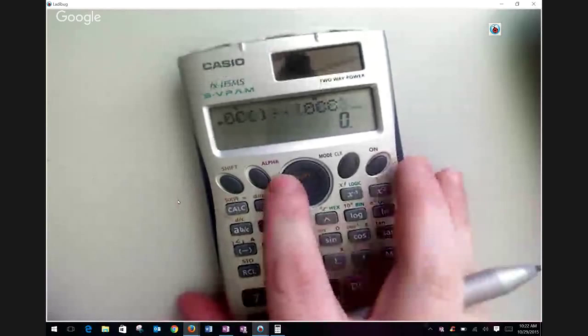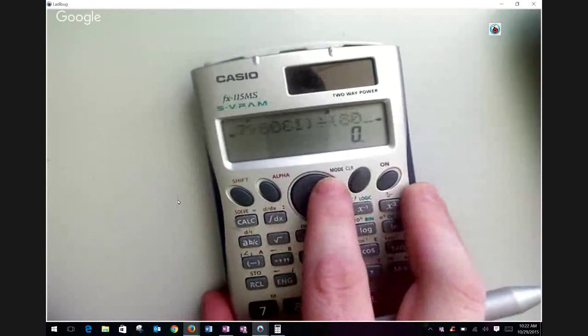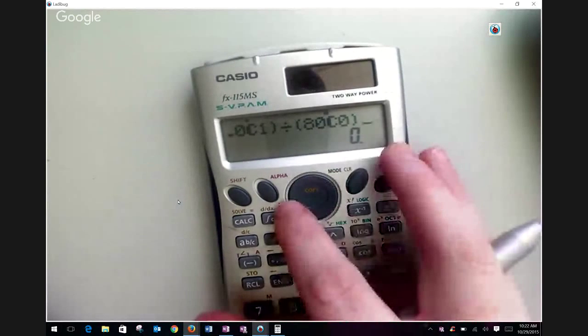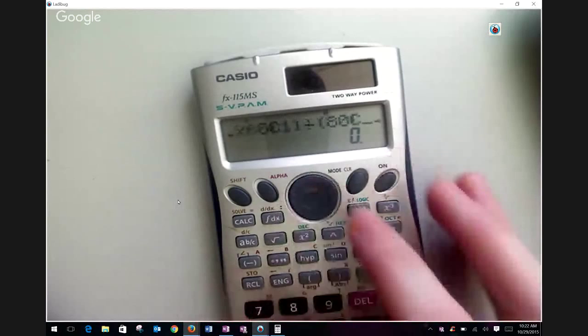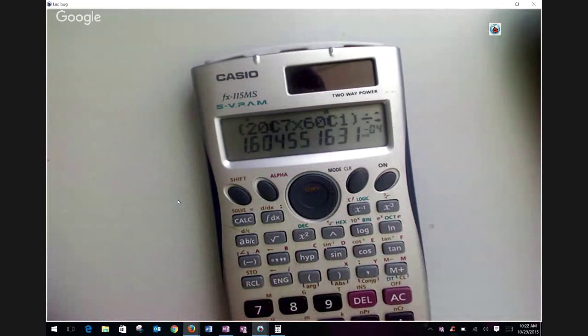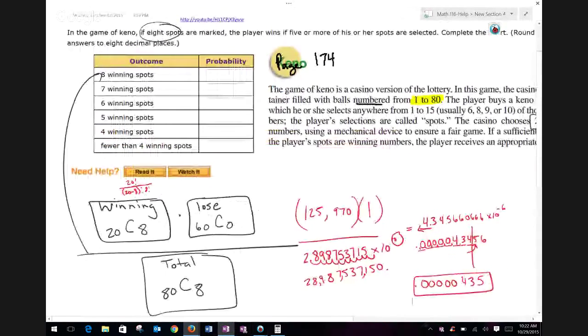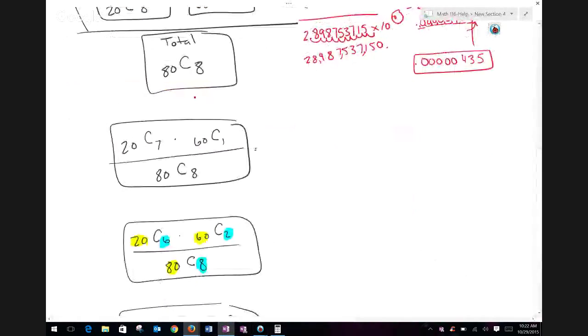Okay, so just seeing that on top, you can see I choose 7 of the winning numbers, 1 of the losing numbers. 80 choose 8, not 0. And hit enter. And again, it gives it to me in scientific notation, but I can deal with that. So writing that down here, I have 1.60455161 times 10 to the minus 4th.